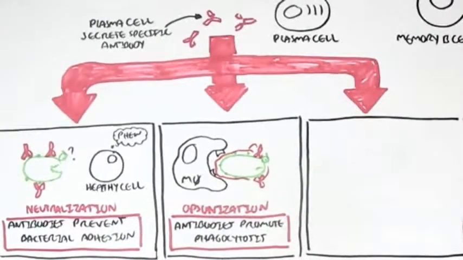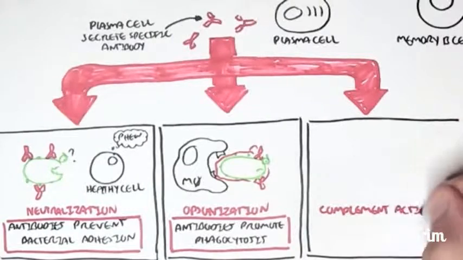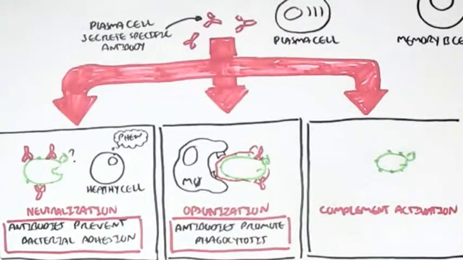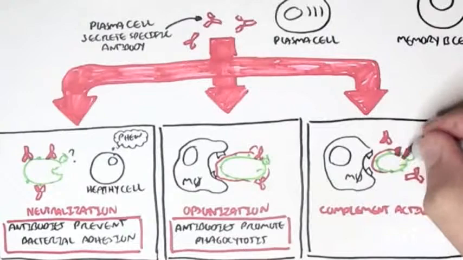Thirdly, specific antibodies towards a specific antigen can activate complement. Activating complement essentially means that antibodies can opsonize the pathogen, promoting phagocytosis, as well as lysing a pathogen.